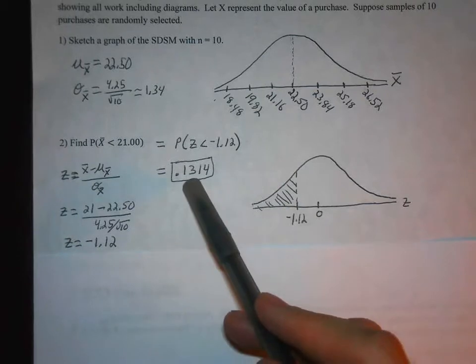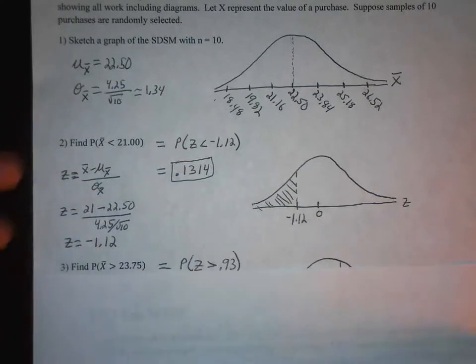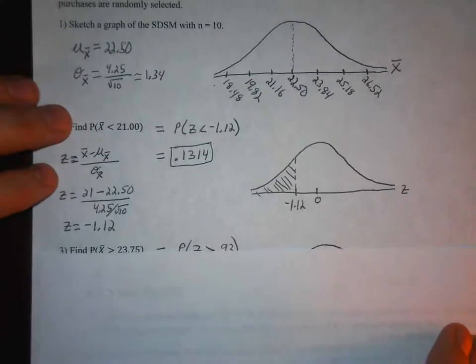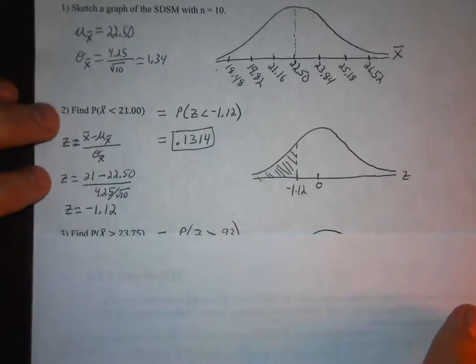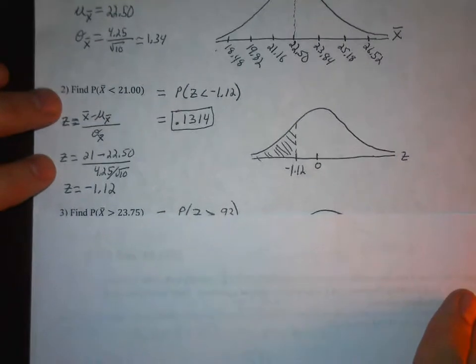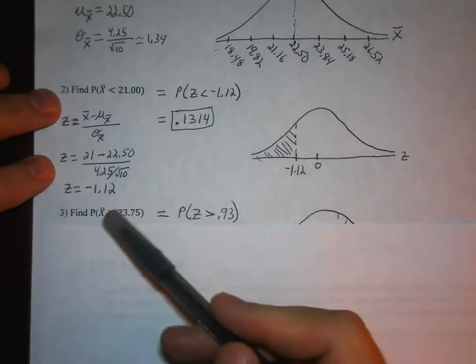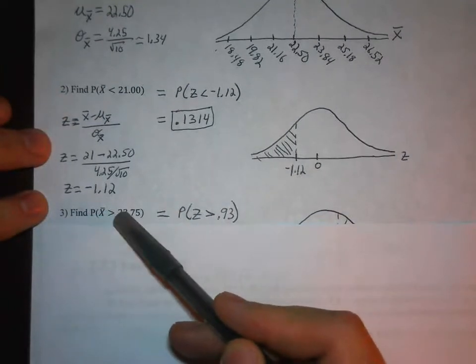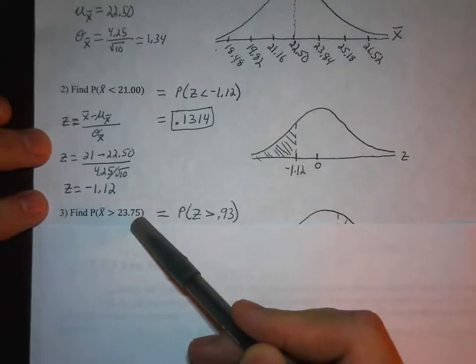And you get 0.1314 for that probability. Again, this is review, so I'm going to assume that you can go back and look at that and figure that out.